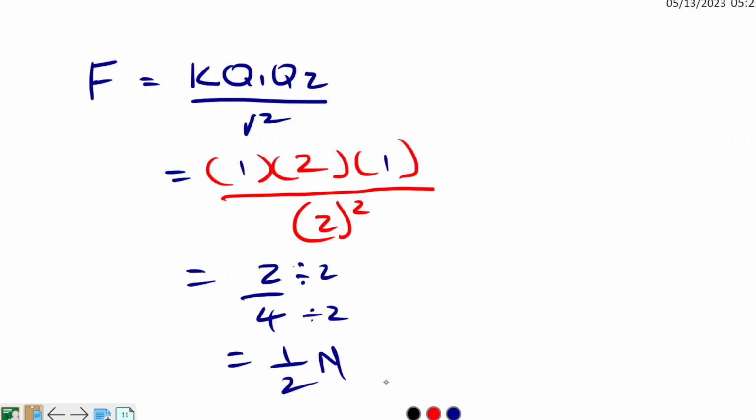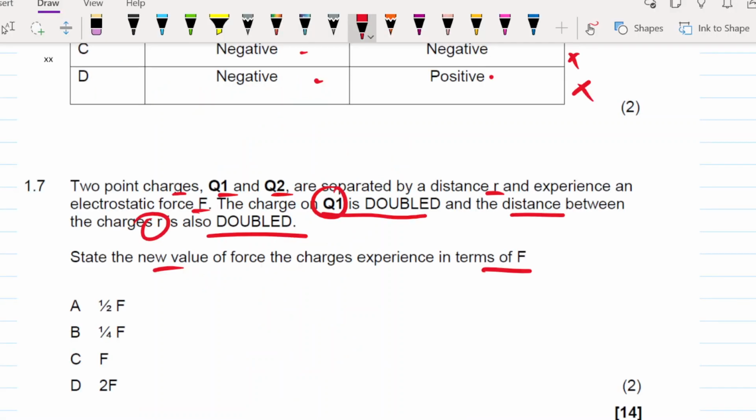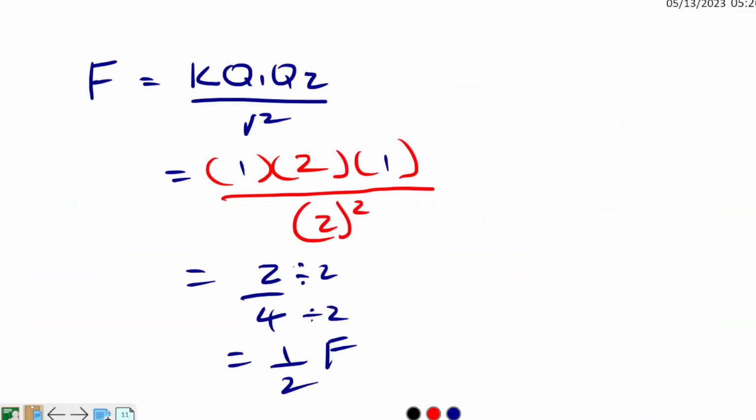So meaning to say that the force the charges will experience in terms of F is going to be 1 over 2 F, or F over 2.